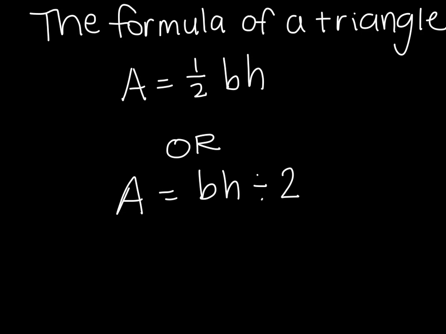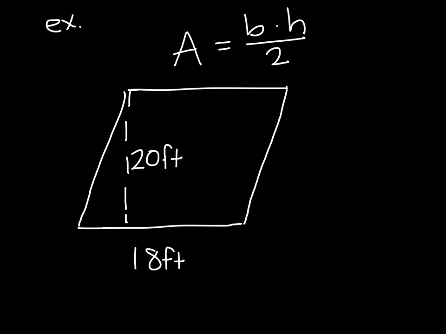Alright, so the formula for a triangle is A equals 1/2 base times height, or this is the way I like to do it, base times height divided by 2. Alright, here's an example.